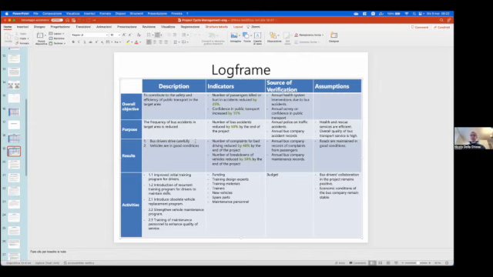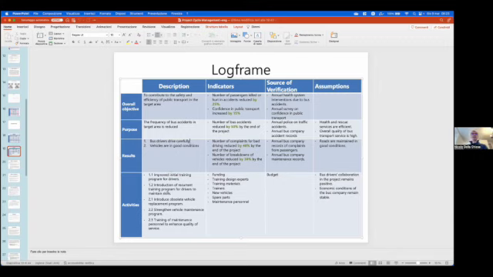So as we said, the results are concrete, positive situations that our project wants to obtain. So we have to derive logically from each result a series of activities that will enable us to obtain that result. So the logic process is a deduction from the results to the activities.